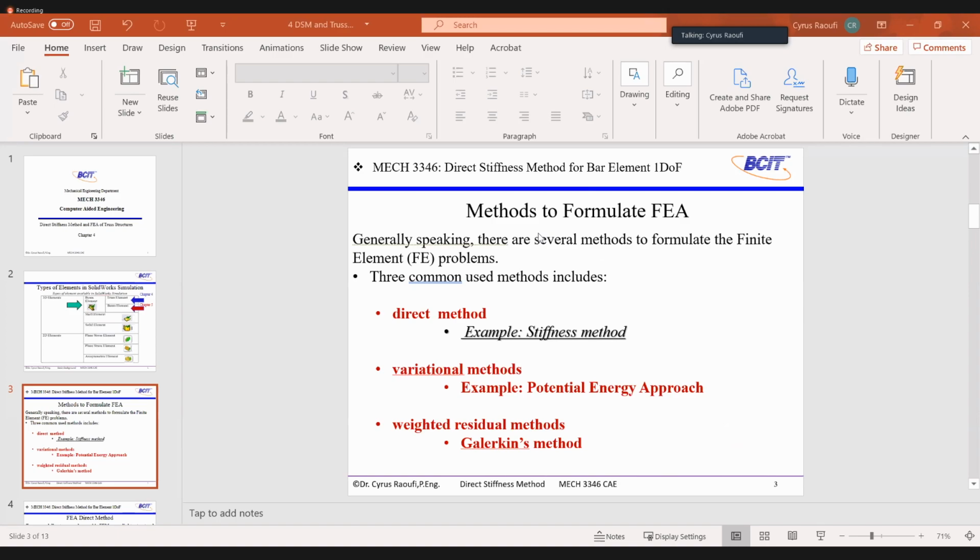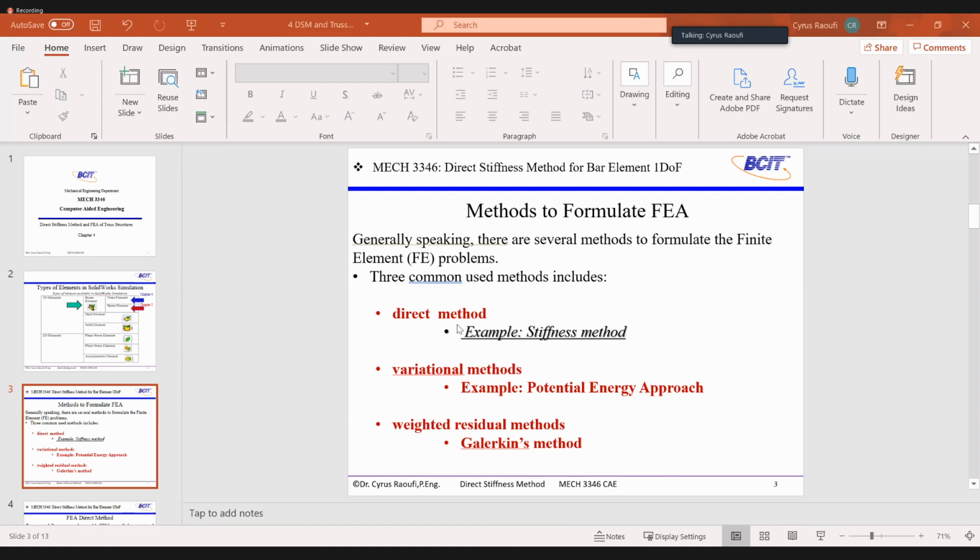There are different types of mathematical approach to solve finite element problems. Three well-known approaches are called direct method, variational methods, and weighted residual methods, or Galerkin's method. Those are three different approaches.